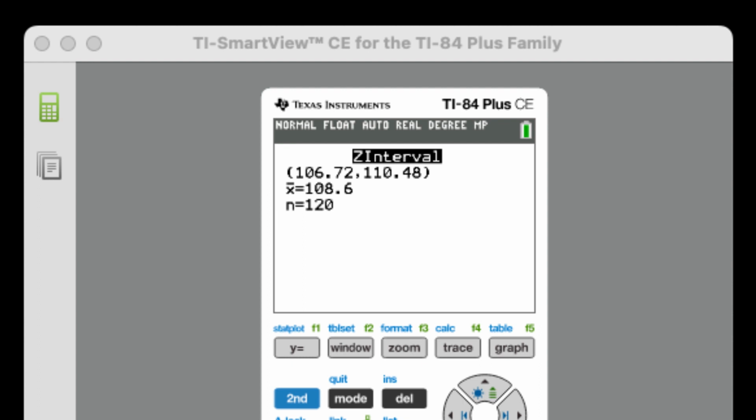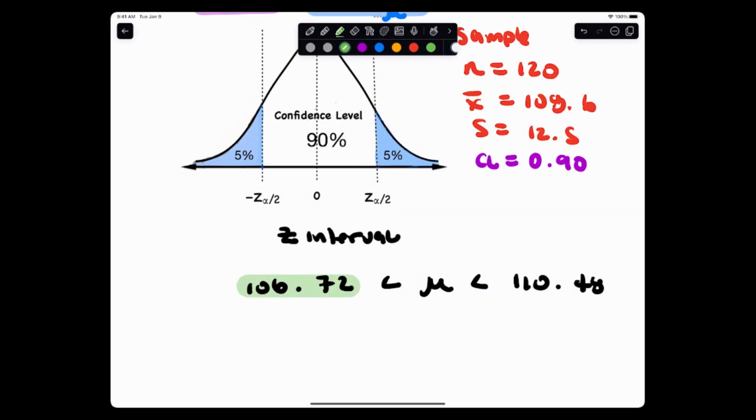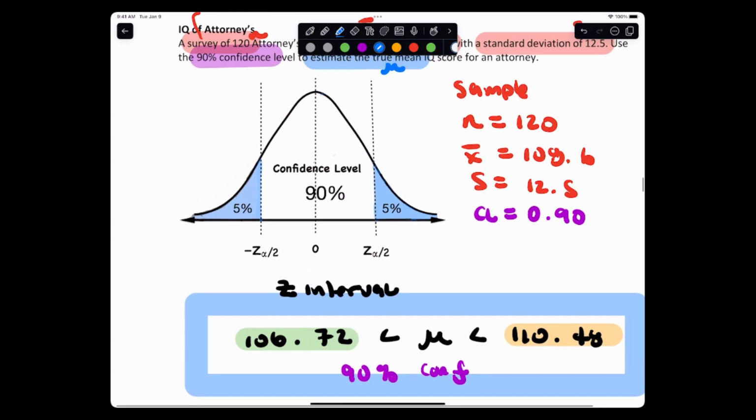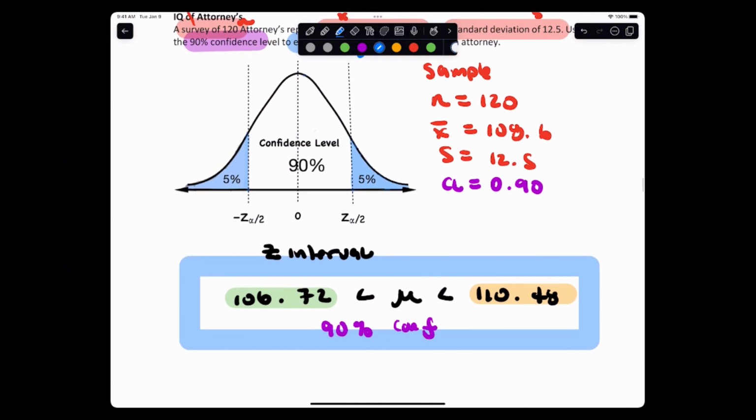So you got again the lower value and then the upper value. And they're saying this is with 90% confidence. So, ladies and gentlemen, you're estimating a true mean, and what that means is that the true mean IQ is between 106.72 and 110.48 with 90% confidence.